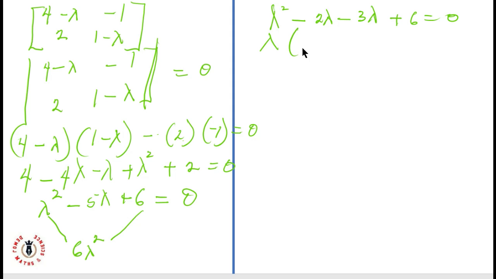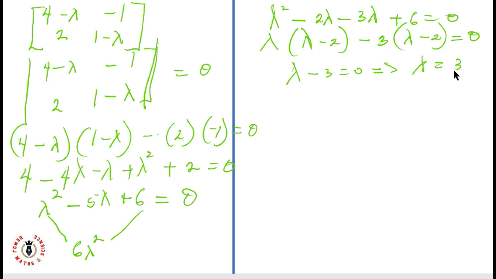Obviously, lambda comes out as lambda times lambda minus 2, minus 3 times, bracket open, lambda minus 2, equals 0. So we have lambda minus 3 equals 0, which implies lambda equals 3. Again, lambda minus 2 equals 0, which implies lambda equals 2.